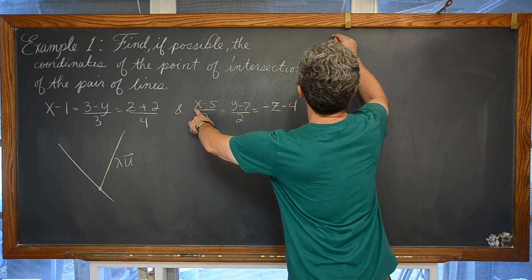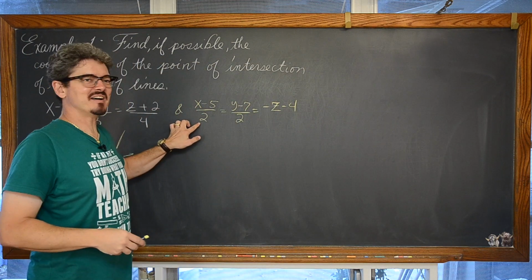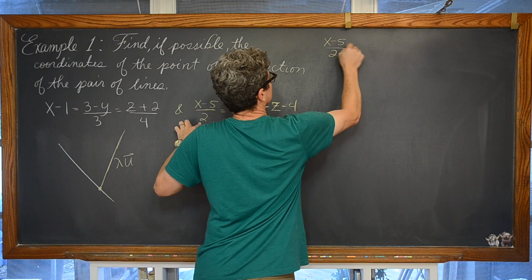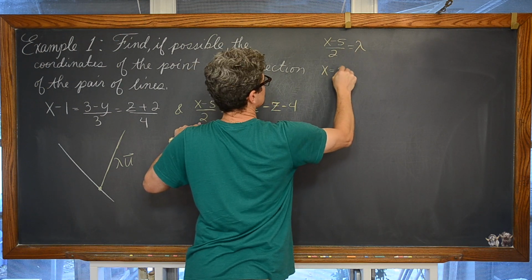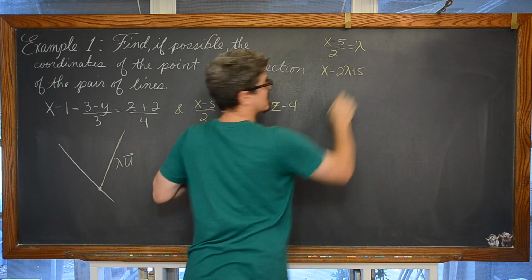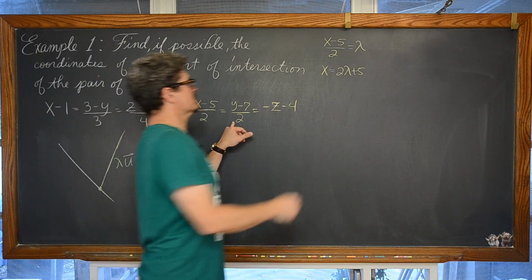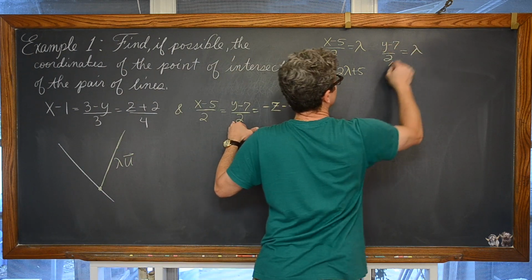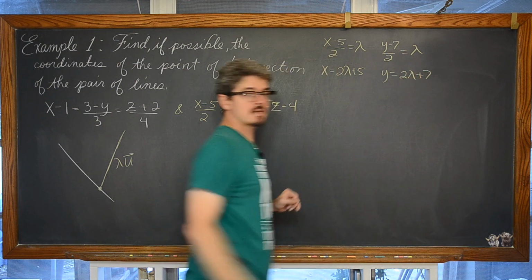In yellow, (x minus 5) over 2 is equal to lambda. That's going to give us x is equal to 2 lambda plus 5. Looking at our second part here, (y minus 7) over 2 is equal to lambda. That's going to yield y is equal to 2 lambda plus 7.